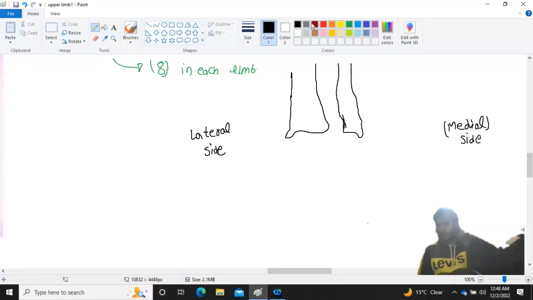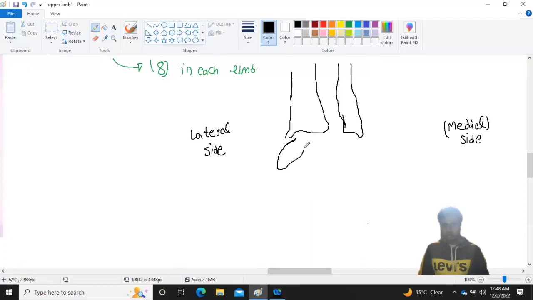Done. So first पहले हम draw करें कौन से bone से. First bone is our this side. One. Here is two.